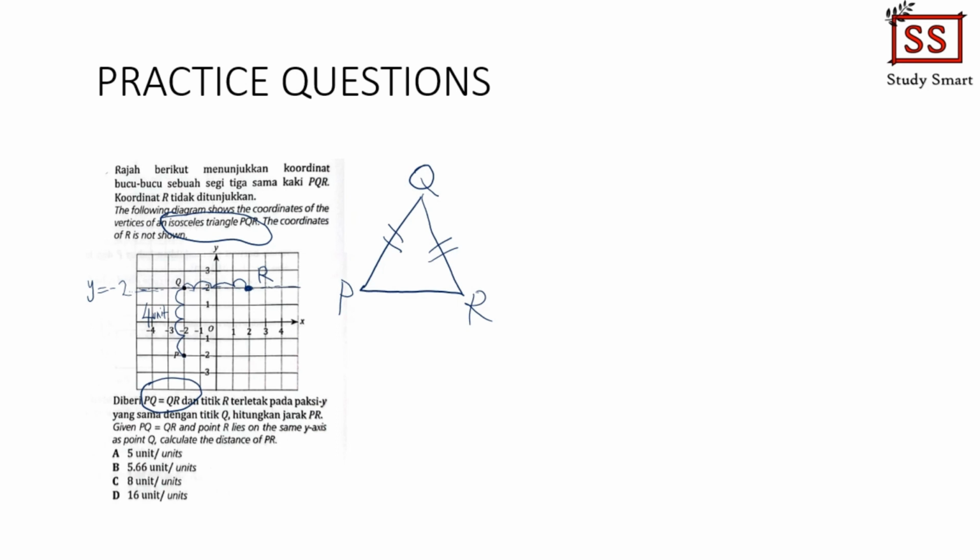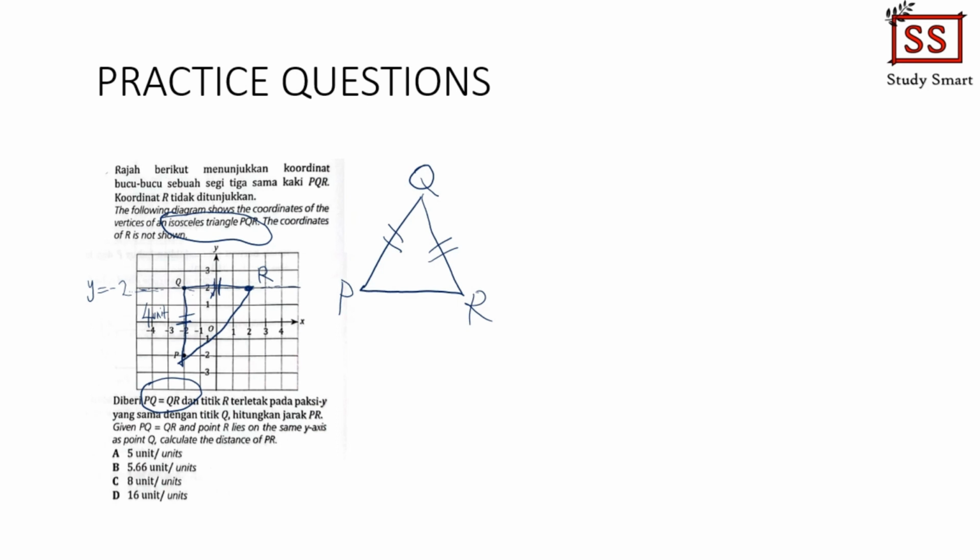Once you get the coordinates for point R, you can erase these lines and make a proper triangle. The triangle looks like this, and this distance and this distance are the same.